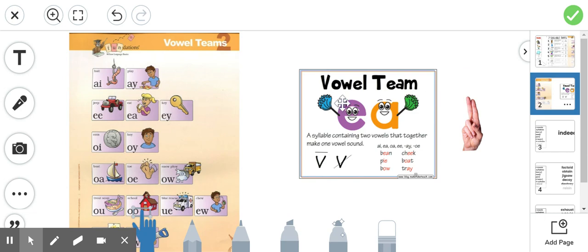For example, EA. When we see EA together, they make one sound, E. Some others are IE, EE, OA, but also don't forget W and Y. When they are with vowels, they make a vowel sound too. So remember, this chart over here can help you remember the different vowel teams and the sounds that they make.